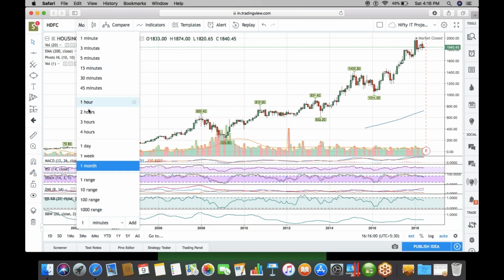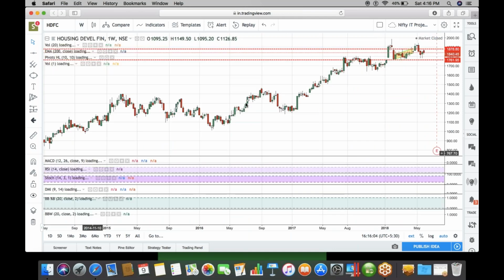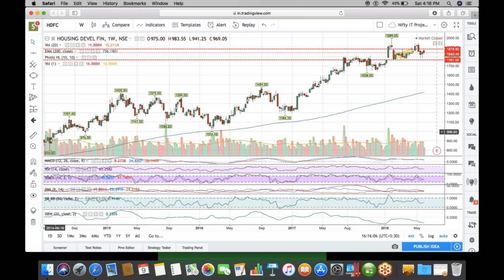Now if we go to the weekly chart, see this. We are somewhere around 2008. Now see this. This is somewhere around 2016.